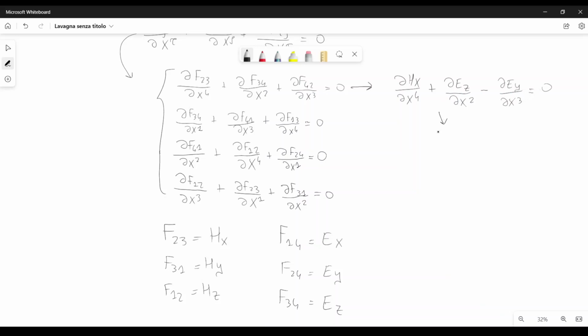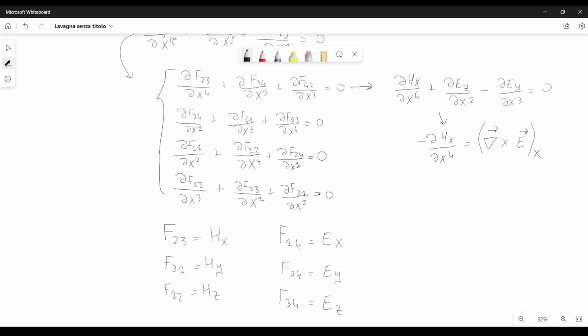But this can also be written like this. It is minus dhx with respect to x4 equal to the curl of the electric field, and in particular its x component.